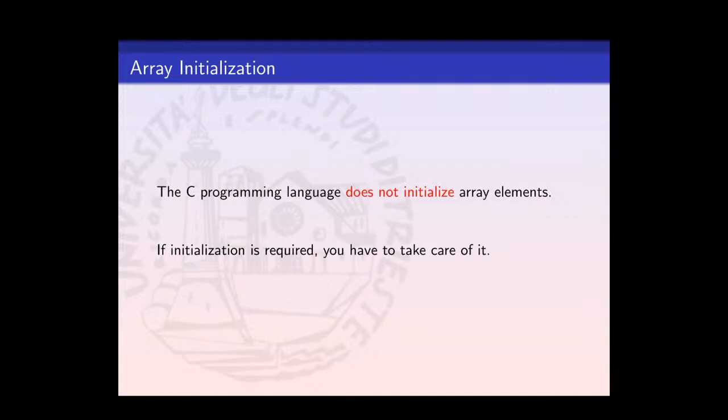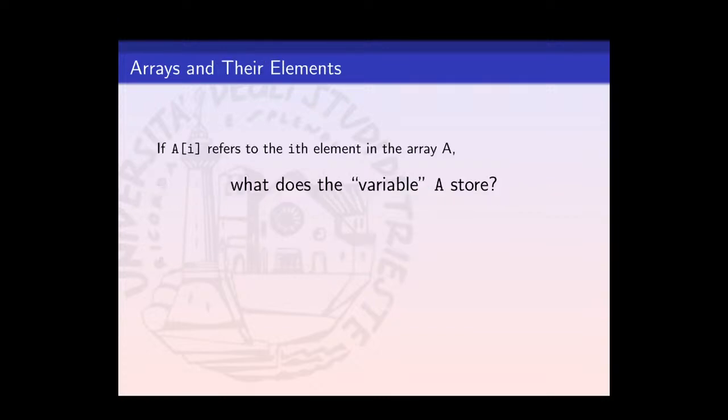So it could be the case that if you compile the very same program with the very same compiler on two different systems, you end up with different results. So the best practice is to always initialize the memory on your own to avoid any issue in changing compilers and so on. So we understood how to declare an array, but how to use it?